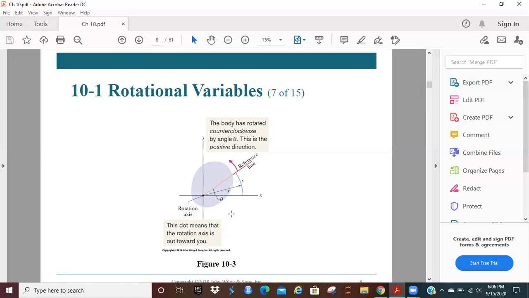If you look at that dot, that means the rotation axis is out towards you, as if the point is coming up. Again, you have r here, which is the radius, and s here, which is the arc length through which it's rotating.